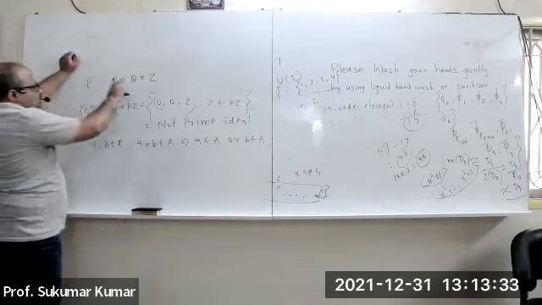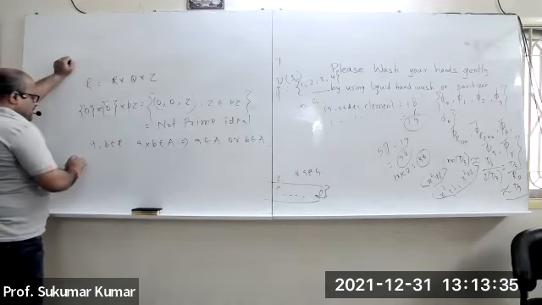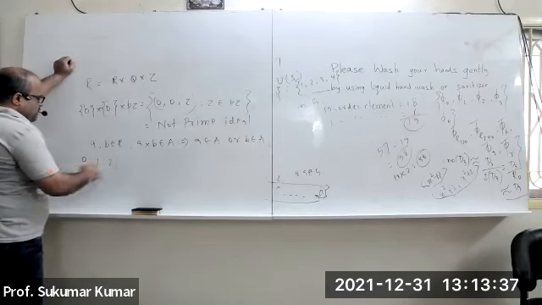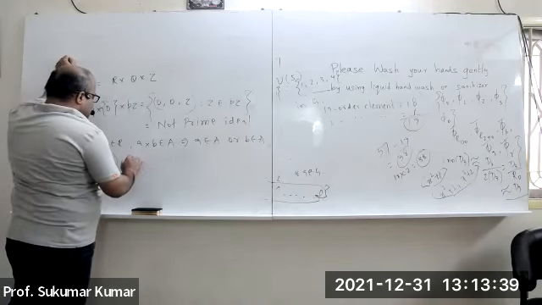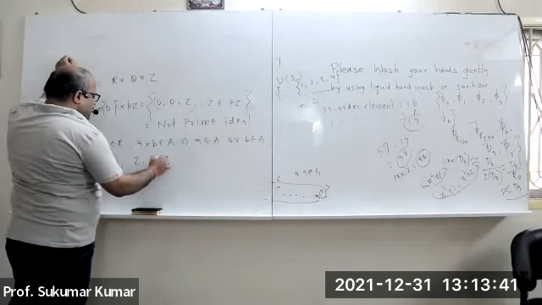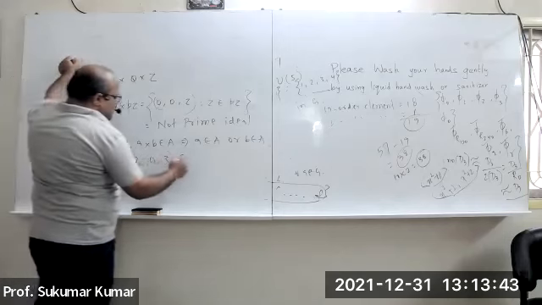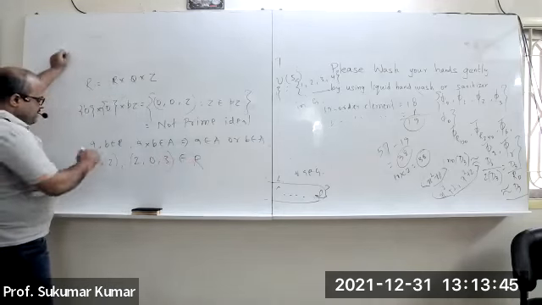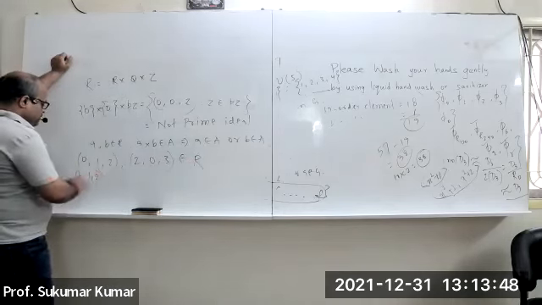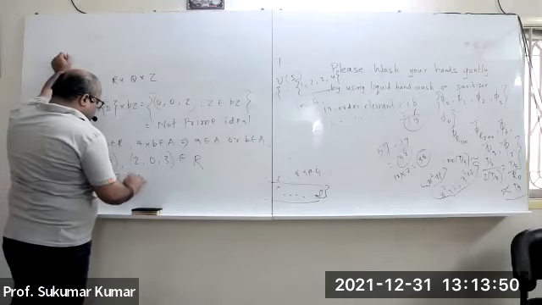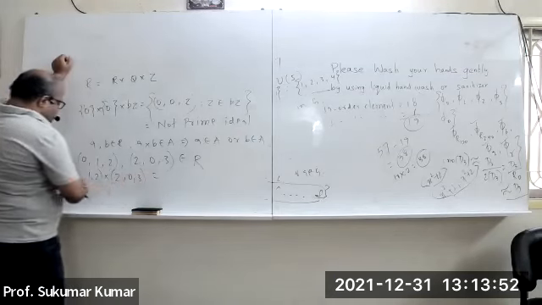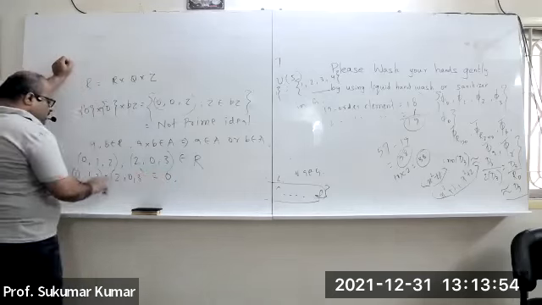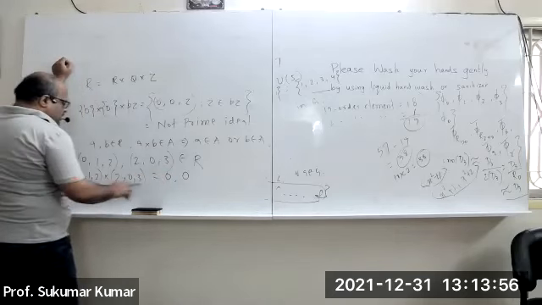So you see, I will choose two elements from the ring, 0, 1, 2 and 2, 0, 3. These two elements from ring R I am choosing. Their product: 0 into 2 is 0, 1 into 0 is 0, and 2 into 3 is 6.